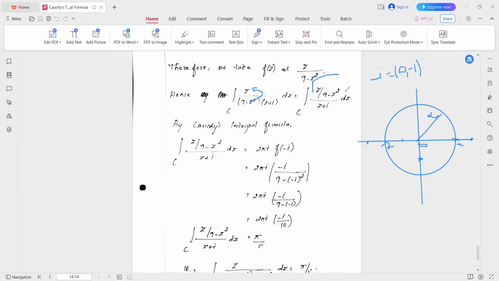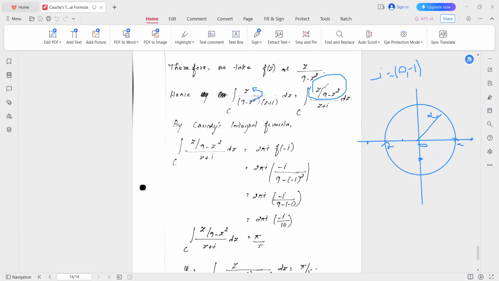Now our f of z is z by 9 minus z square. Since the point minus i lies inside the circle, by Cauchy's integral formula, the integral is equal to 2 pi i into f of minus i.